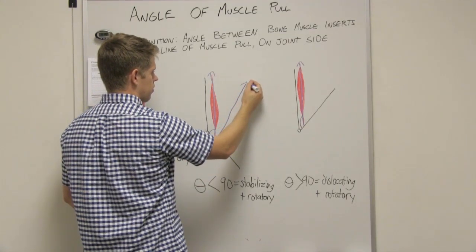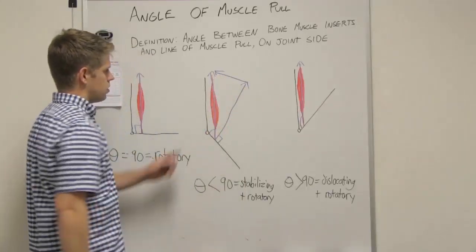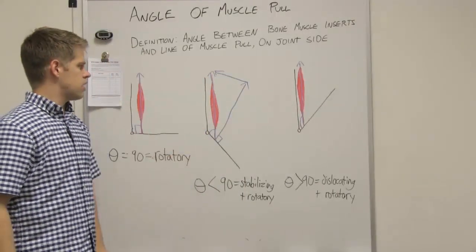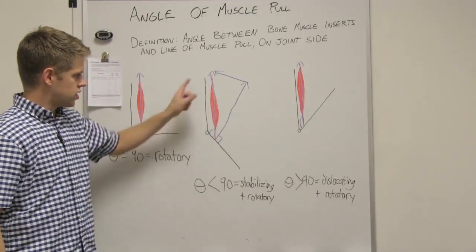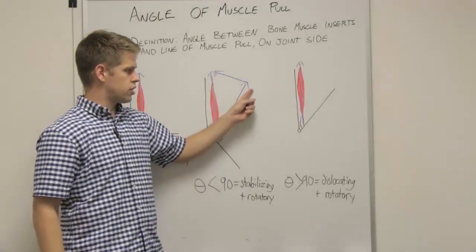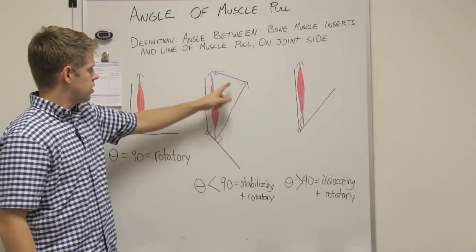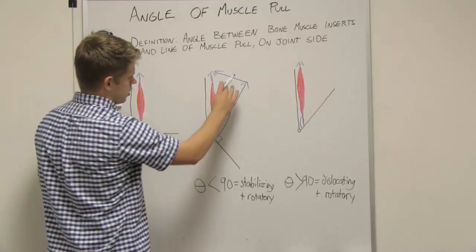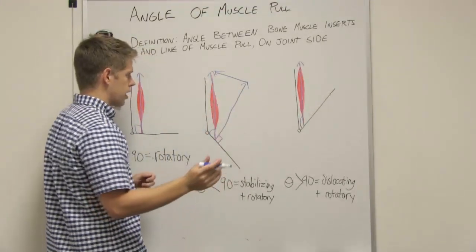Then my other vector, to complete my vector analysis, goes to the top of my muscle line of pull. Some of my muscle is acting for a rotation component, but some of it is also going back towards the muscle. This should be exactly parallel to the insertion, but I don't have a ruler.